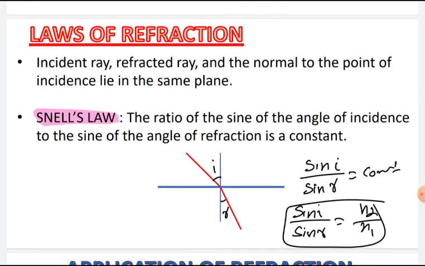And laws of refraction. The incident ray, refracted ray, and normal at the point of incidence lie in the same plane. Then the ratio of sine of angle of incidence to sine of angle of refraction is a constant.